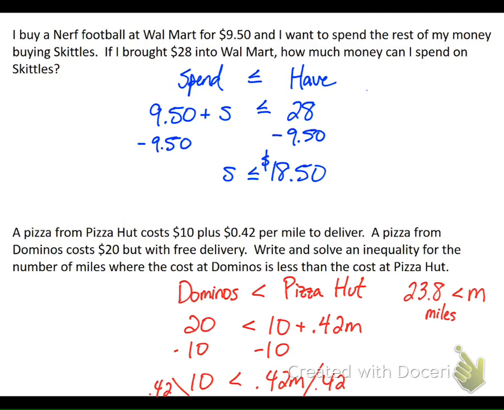So anything over 23.8 miles, I want to end up going with Domino's. Okay, and again, I could round it to 23.8, because I'm talking about miles, and I can travel 0.8 of a mile. That's okay. Anything less than that, I want to choose Pizza Hut as my place. Okay?